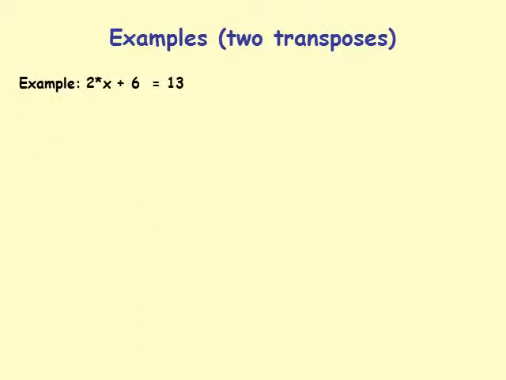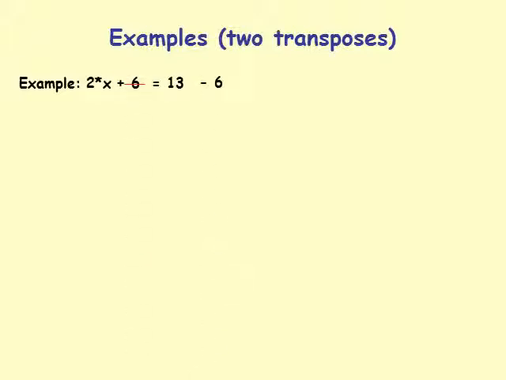So we have an example where we require two transposes. First we had x, we multiplied by 2, and then we added 6 to that, and the answer is 13. So first this plus 6 goes to the right, we move it across the equal sign and it becomes minus 6.